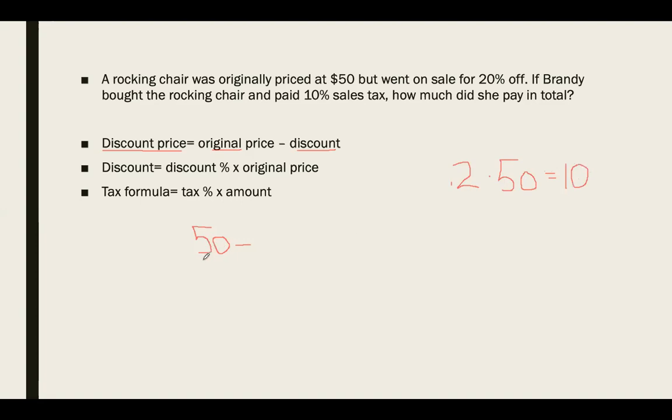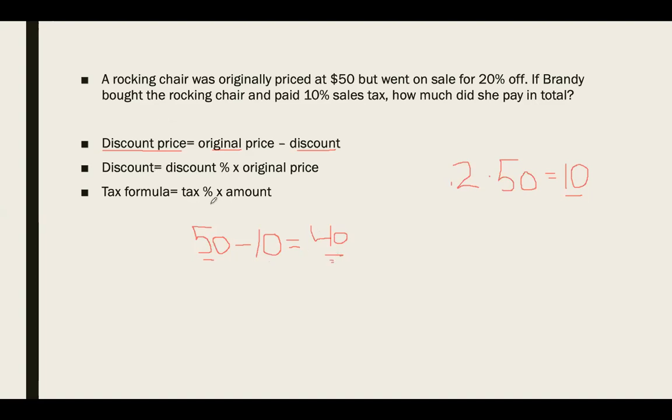So you're going to take the original price minus the discount, which right here we have written $10. And this will give you the new discount price. So 50 minus 10 is equal to $40. Got that? Okay, so this is the discount price.